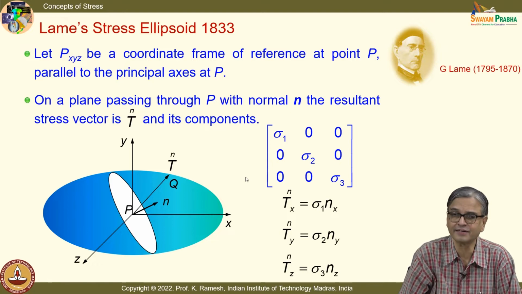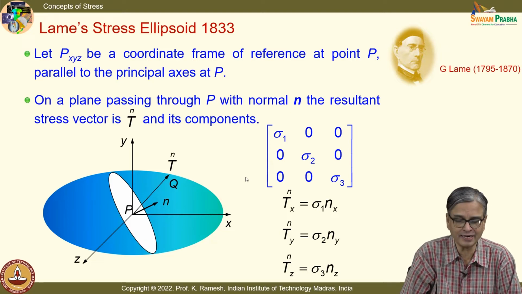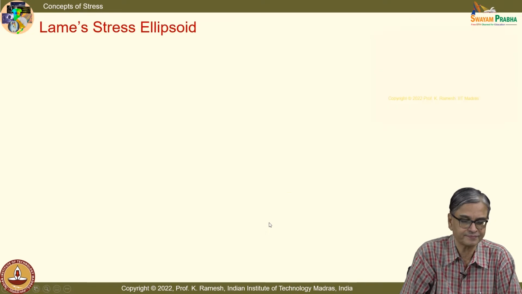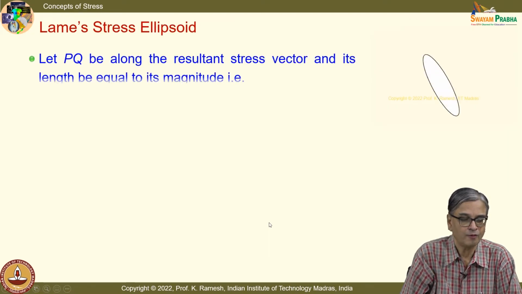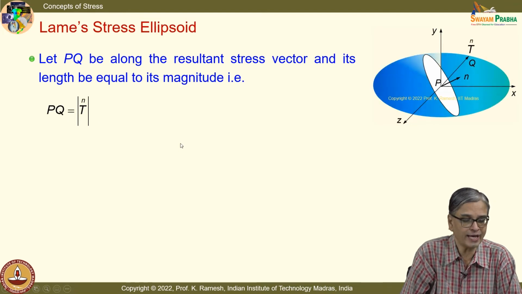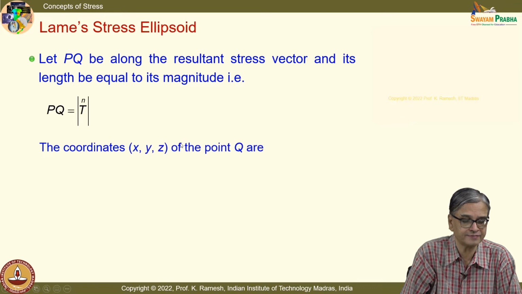That is what you see here, which can also be mathematically proved since we have very simple expressions. We will see that subsequently. What are we plotting? We are plotting the magnitude of the stress vector. Fine. And how do you get these coordinates?